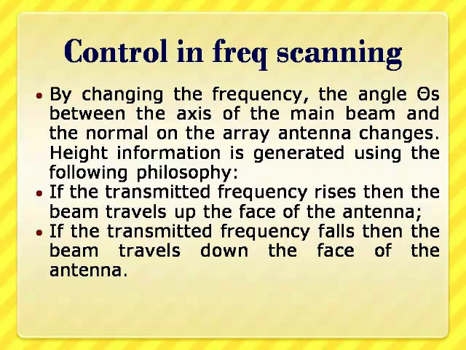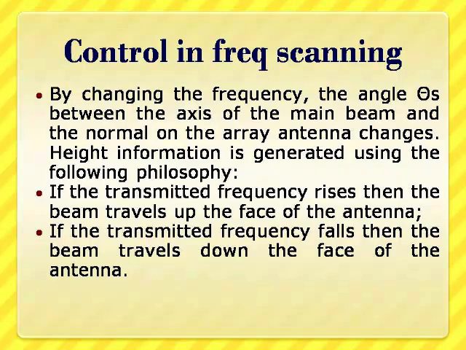If the transmitted frequency falls, then the beam travels down the face of the antenna. So either elevation or azimuth scanning is done by frequency, and the other plane scanning is done by phase. This is what we call it as phase frequency scanning technique.